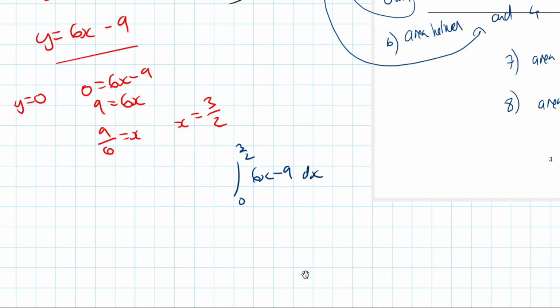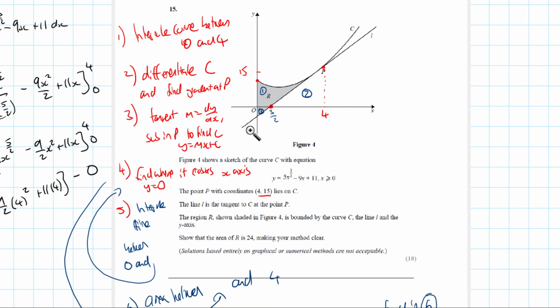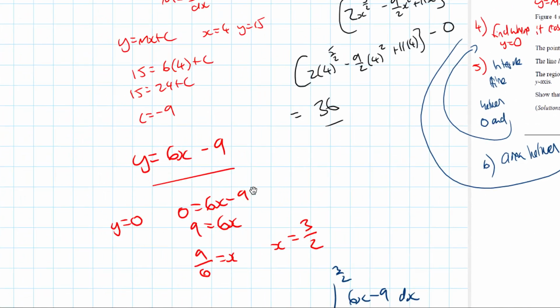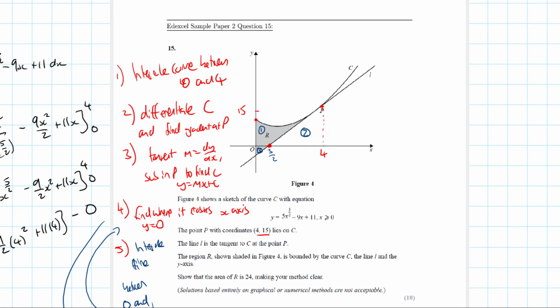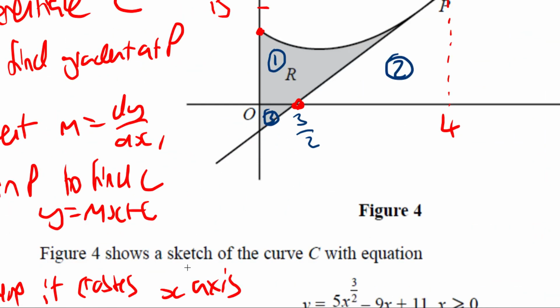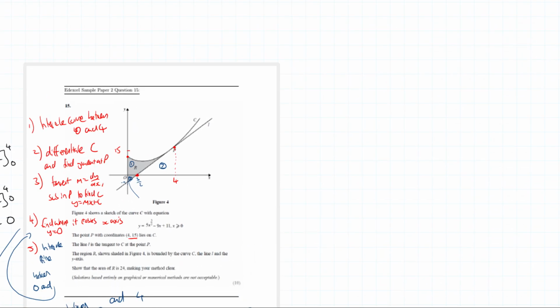However, an alternative one is that it is a right angled triangle. We know that c is minus 9, so we know it crosses the y-axis at minus 9. So we can find the area simply by treating this as a right angled triangle, which is just going to be, so we can rewrite it as 0, 3 over 2, and then 9, and so it's going to be a half times 3 over 2 times 9.